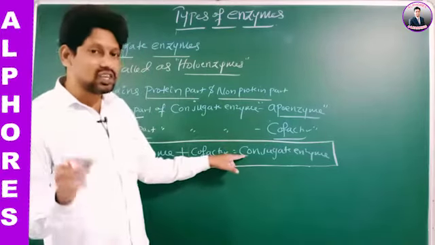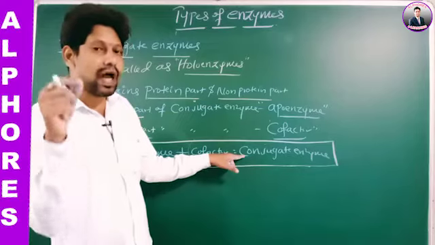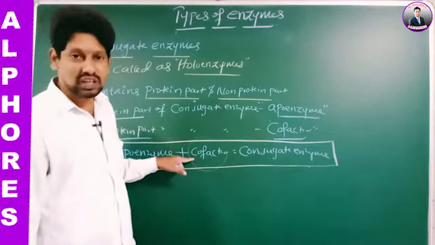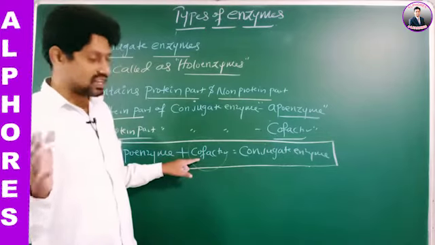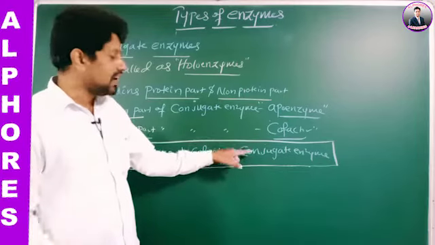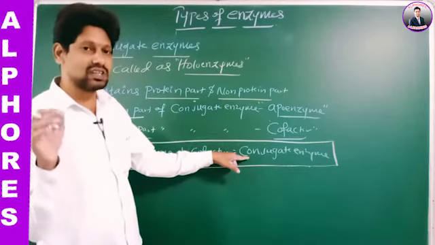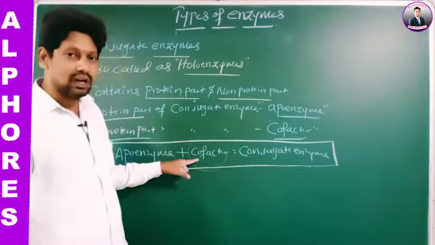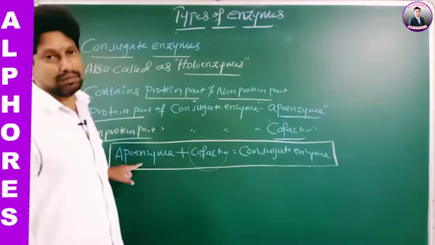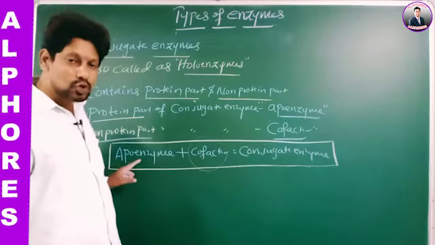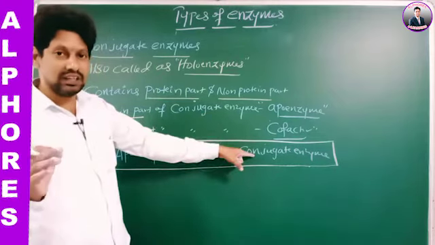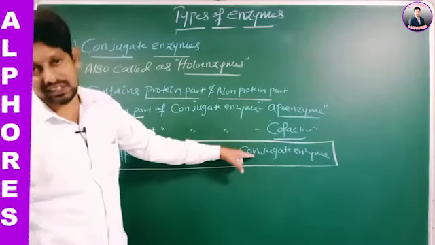It means if a conjugate enzyme wants to act like a catalyst, cofactor is essential. A conjugate enzyme works like a catalyst when this non-protein part binds to the protein part of the enzyme. Then only can the conjugate enzyme work as a catalyst.